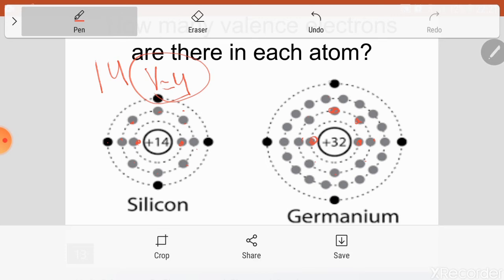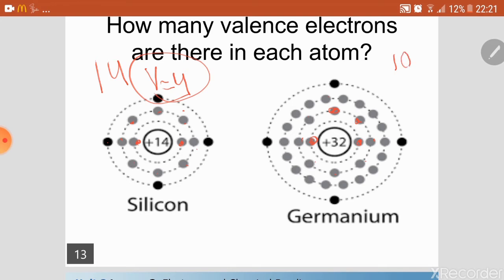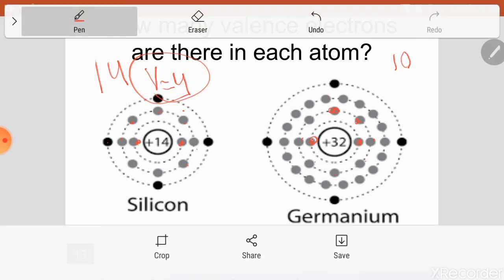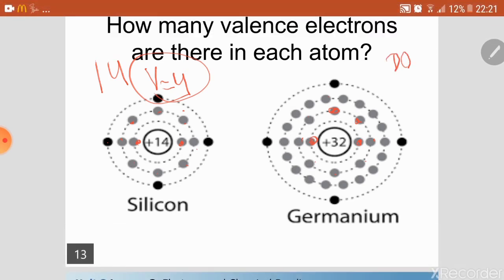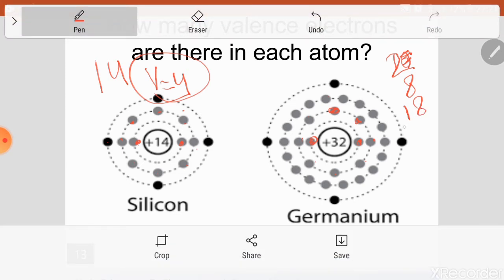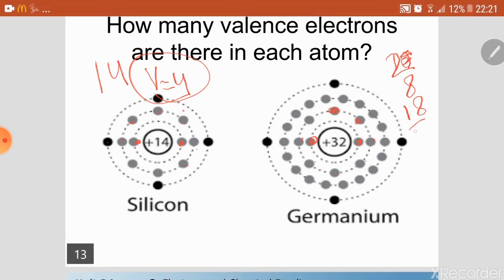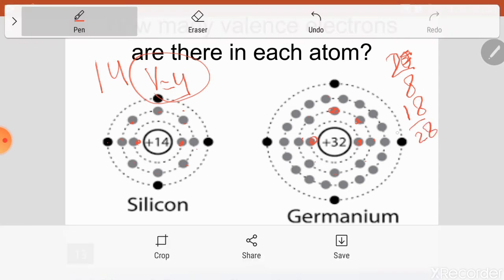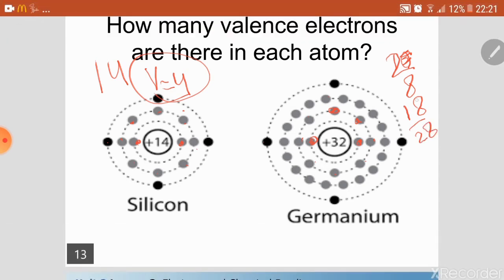Now the fourth one. We said 2 and 8 make 10, and 18 makes 28. To reach 32, what are the rest? 4.